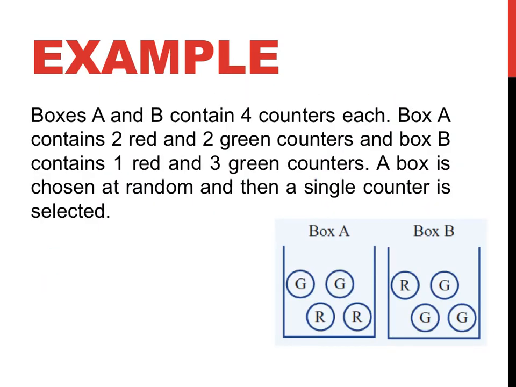Okay, here's our next scenario. Boxes A and B contain 4 counters each. I've got 2 greens and 2 reds in box A, and I've got 3 greens and 1 red in box B. A box is chosen at random, and a single counter is taken out.